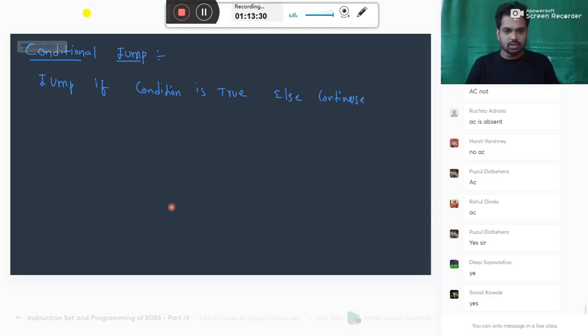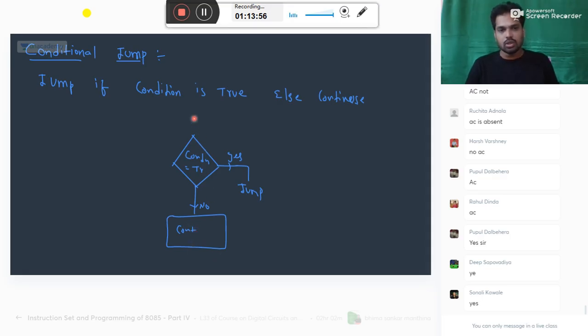This is what we call a decision box. Condition is equal to true? If yes, jump. If no, continue.